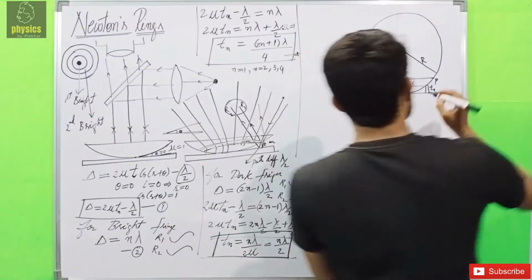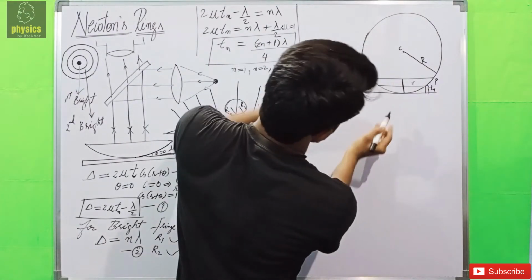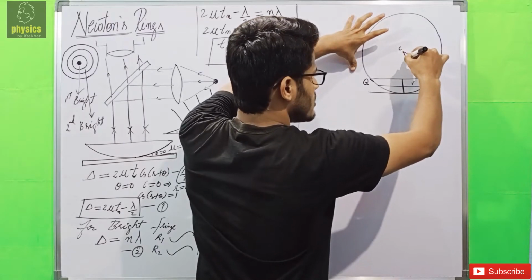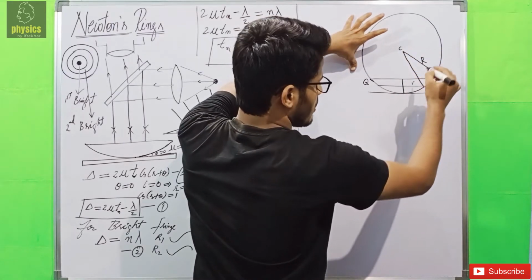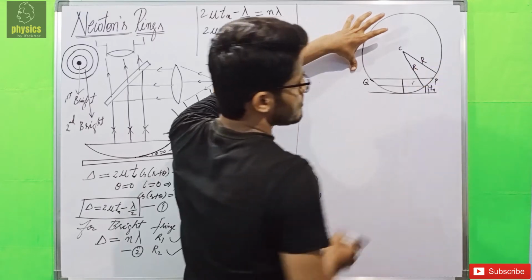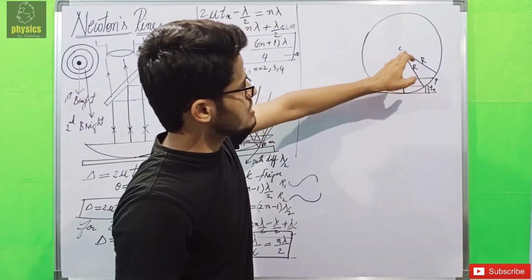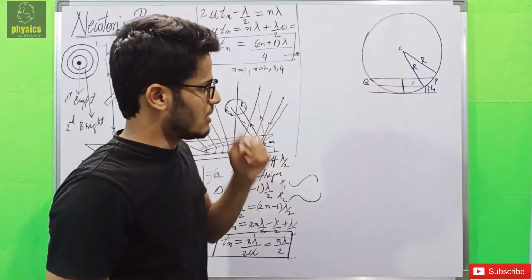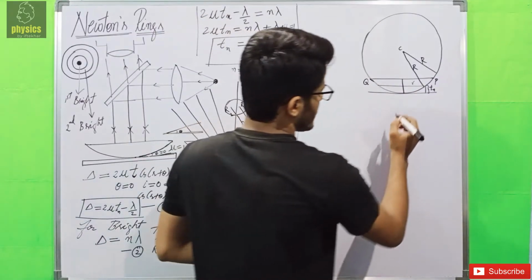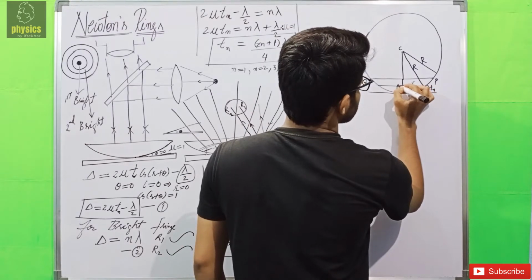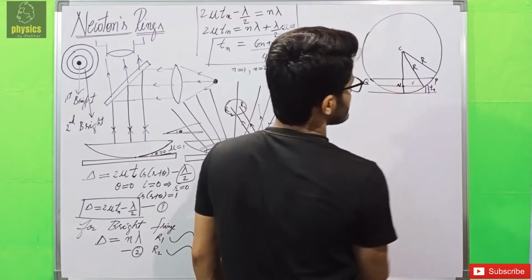So the distance from this point to the center will also be capital R. The distance from my fringe to the center will also be capital R, and this point I am calling n.